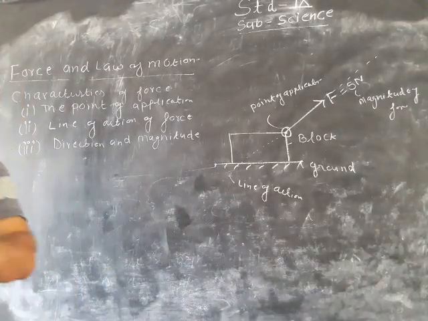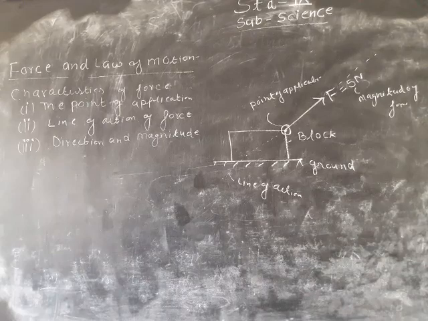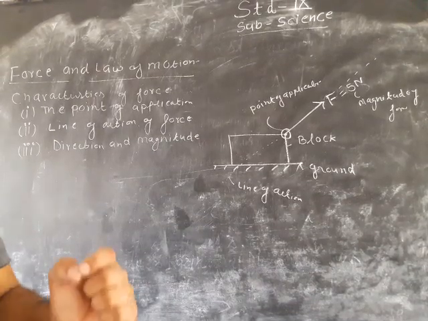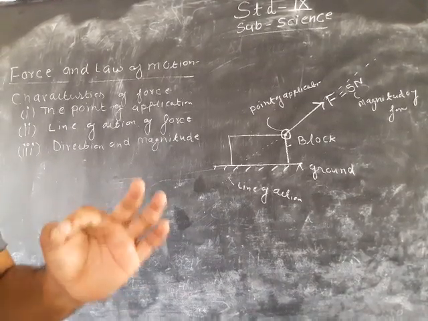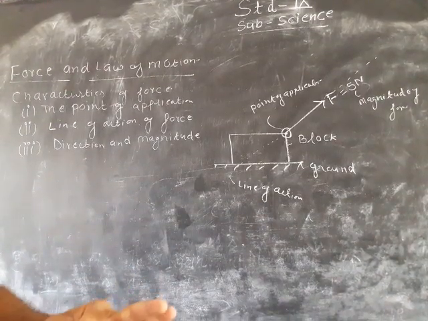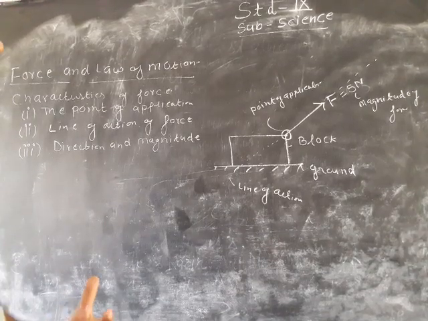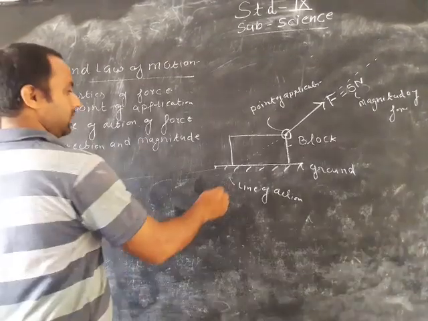These are the basic terminologies. So we have introduced these three terminologies here: the point of application, the line of action, and the direction and magnitude, which are the basic characteristics of forces. This is the line of action.